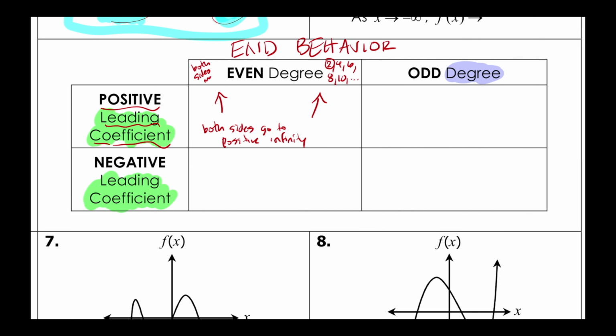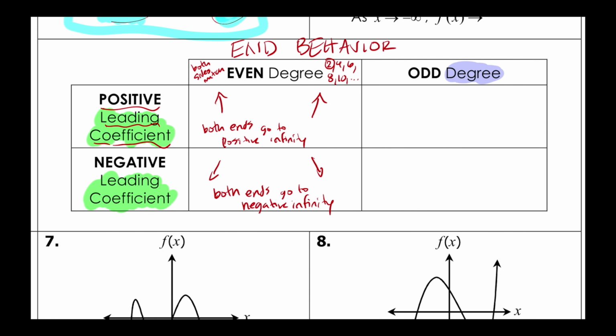If one's facing up, the other one's facing up. If the other one's facing down, then both of them are facing down. And if it's negative, both sides are facing down, or the ends, we should say both ends, go to negative infinity.